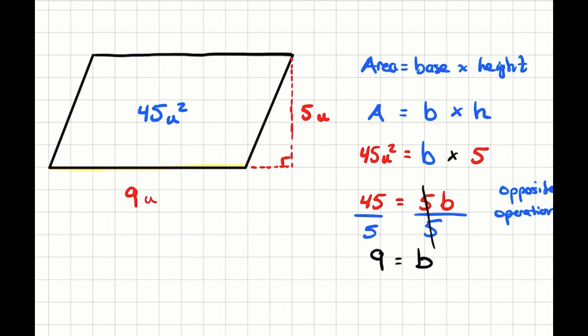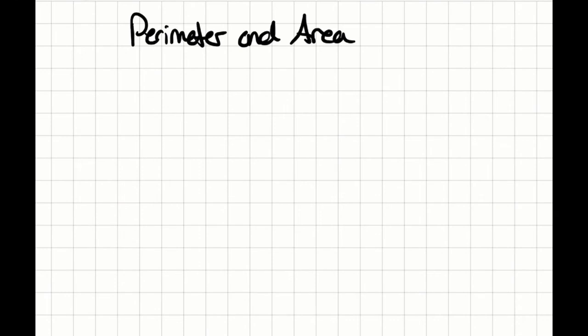And I can double check that, right? 9 times 5 should equal 45. And it does. And really, this is how you work with the area of a parallelogram.